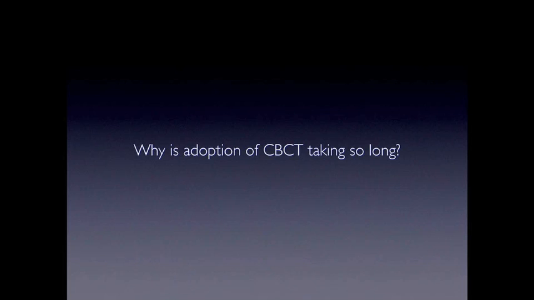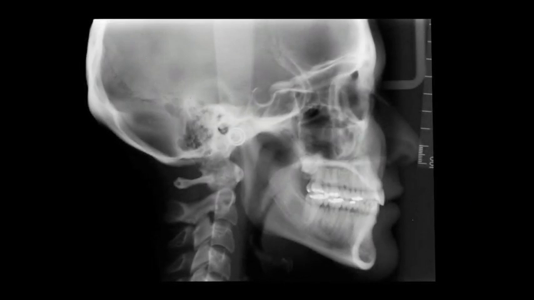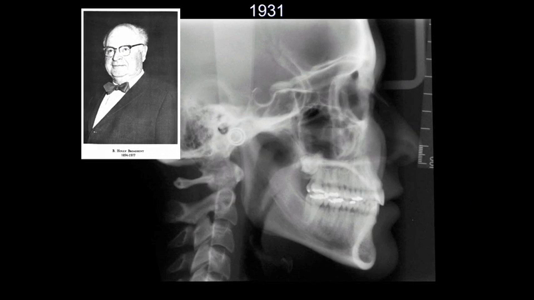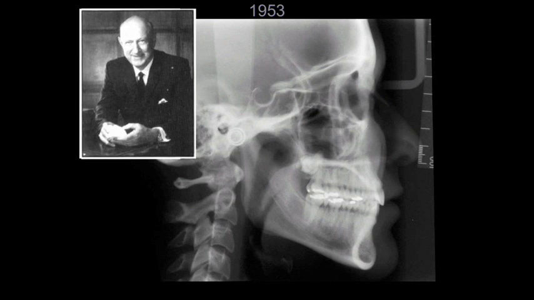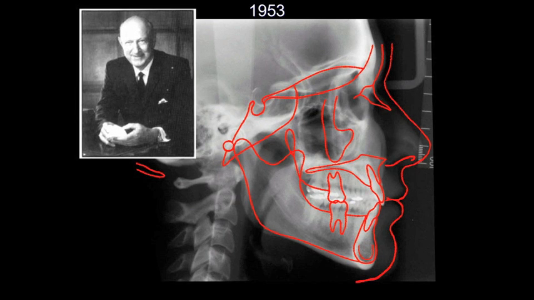And to put that in perspective, I want to review a little bit of history of cephalometrics, which now most orthodontists sort of feel is the gold standard in orthodontics. Those of you who know cephalometric history know Holly Broadbent, who brought cephalometrics to the United States in 1931. The popularity of cephalometrics really didn't start to take off until later.